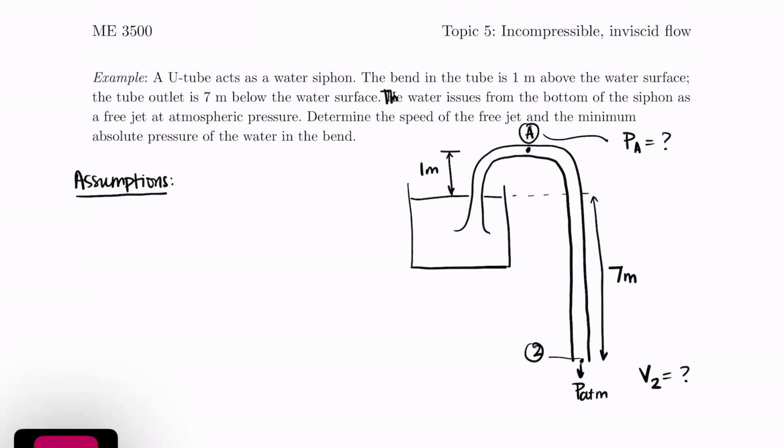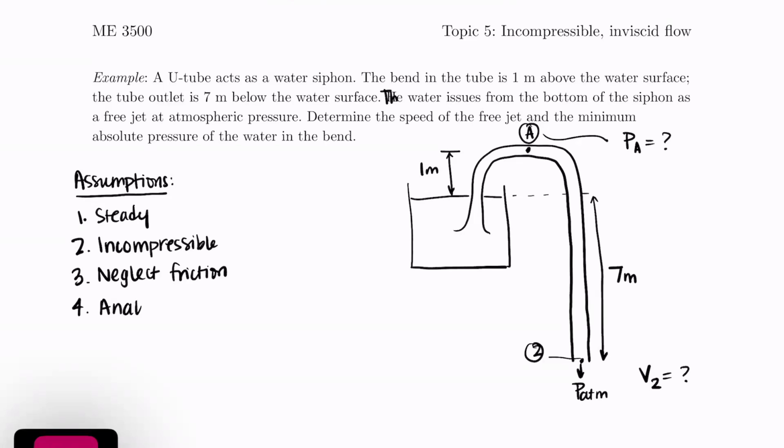All right, we're gonna assume that this is gonna be a roughly steady flow. We're gonna assume it's incompressible, it's water, so that's a good assumption. We're going to neglect friction. All right, and then we're also gonna say that we're gonna use streamlines for our analysis.